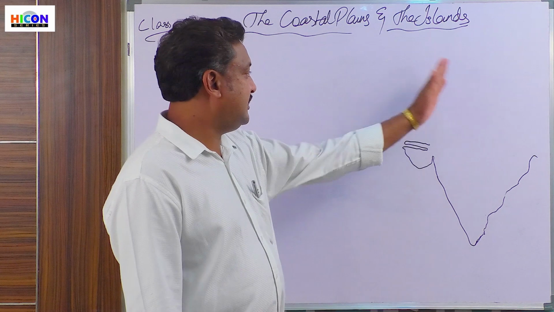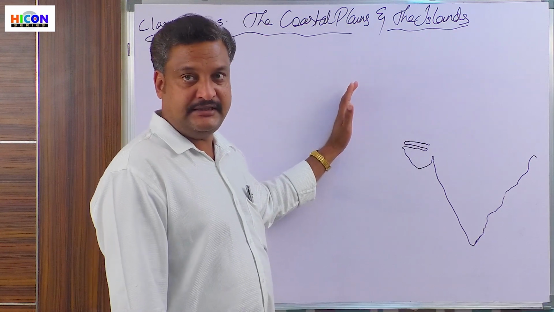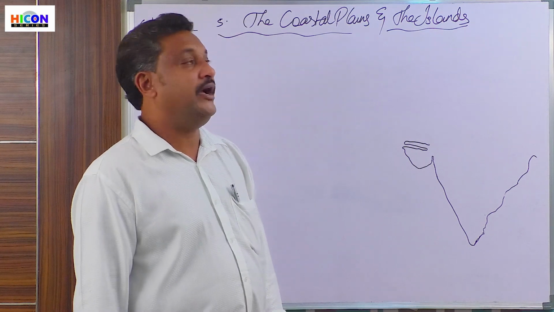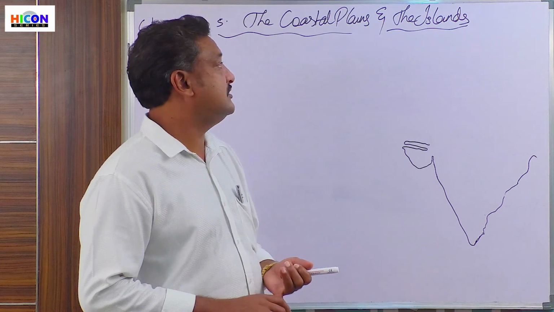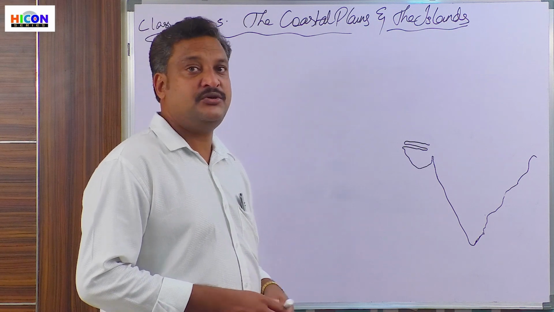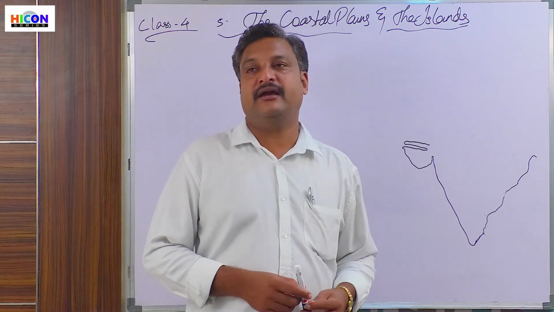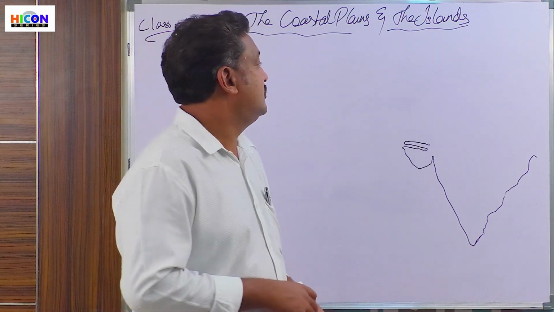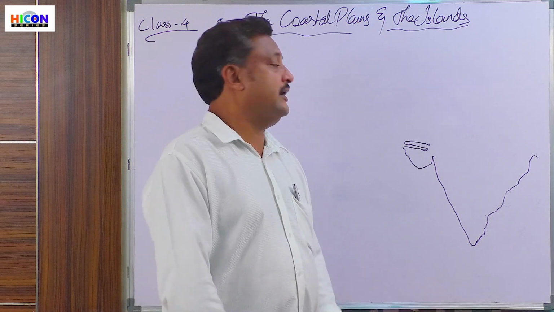Then we had the Thar desert, and then the southern plateau. And now we have to deal with the coastal plains and the islands of India. So today in this lesson, we are going to deal with the coastal plains and the islands.